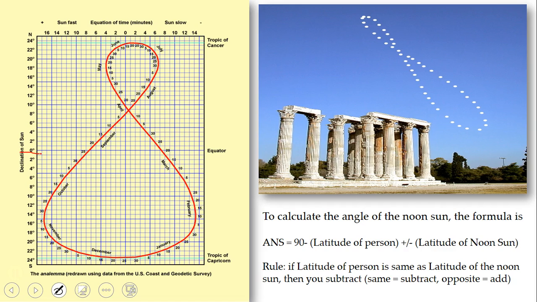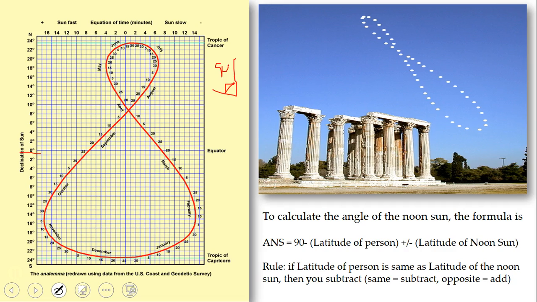Here's what this tells you. The analemma, which is this figure 8 looking thing, tells you the exact location where the noon sun is directly overhead, or 90 degrees. So the noon sun would be directly overhead at these locations.